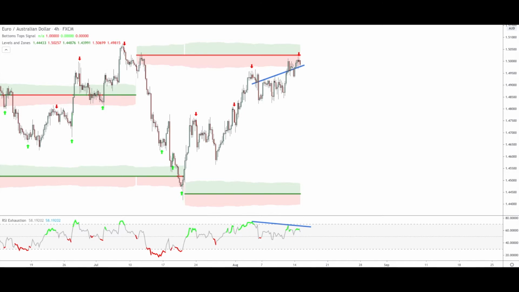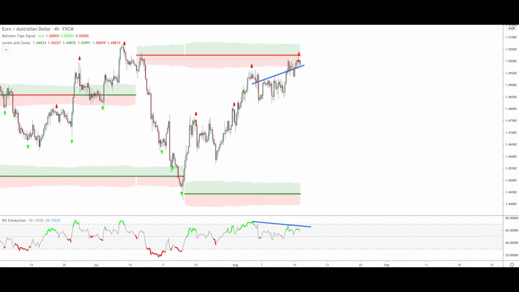The second condition is to have exhaustion. So we want the RSI down here to be exhausted. In this case it is bullish exhausted. It's green, so it is okay. It means that the price up here has little room to go.